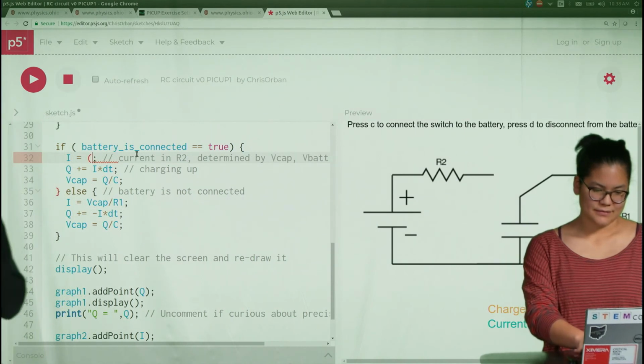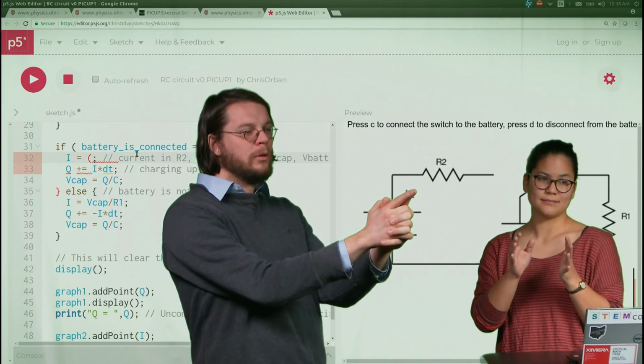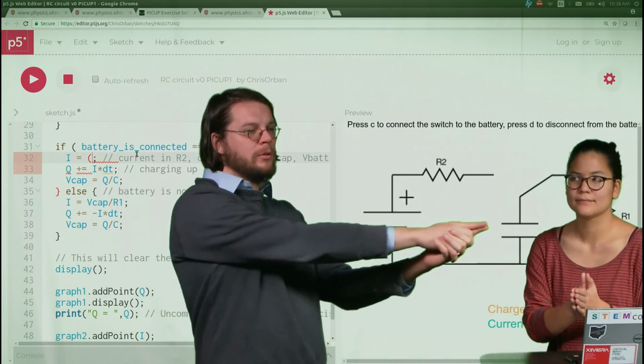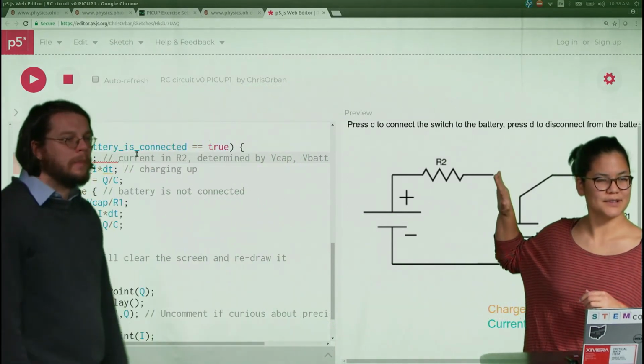So again, this is the current. This is supposed to be the current through R2 when you flip the switch to the left so that the battery is connected.